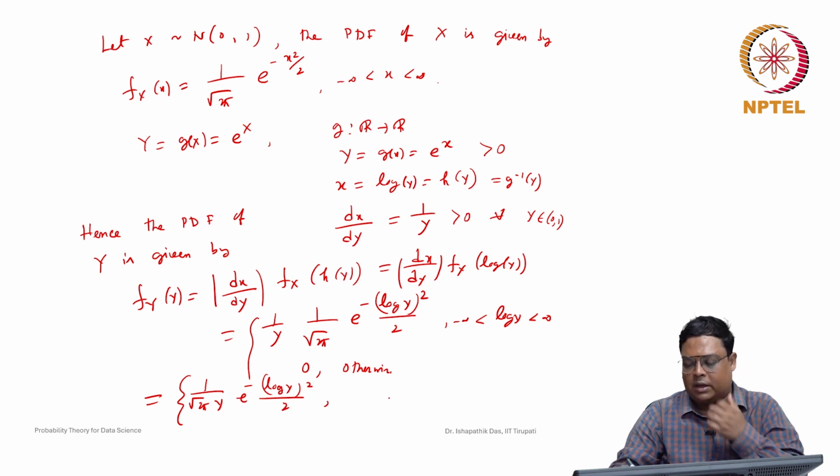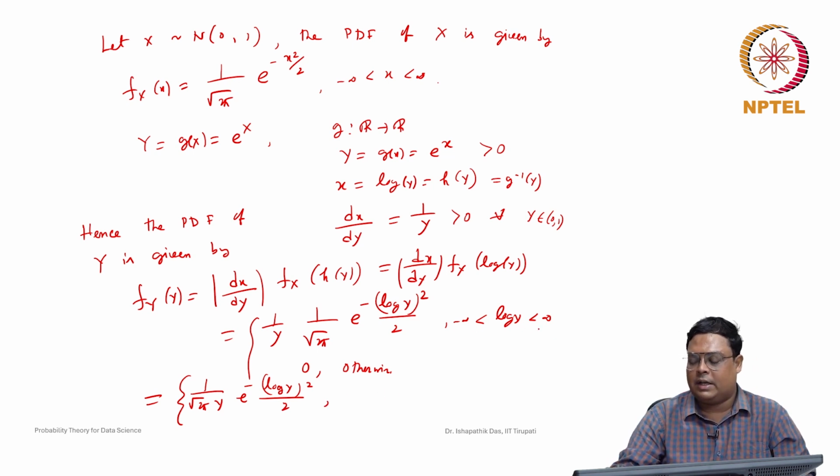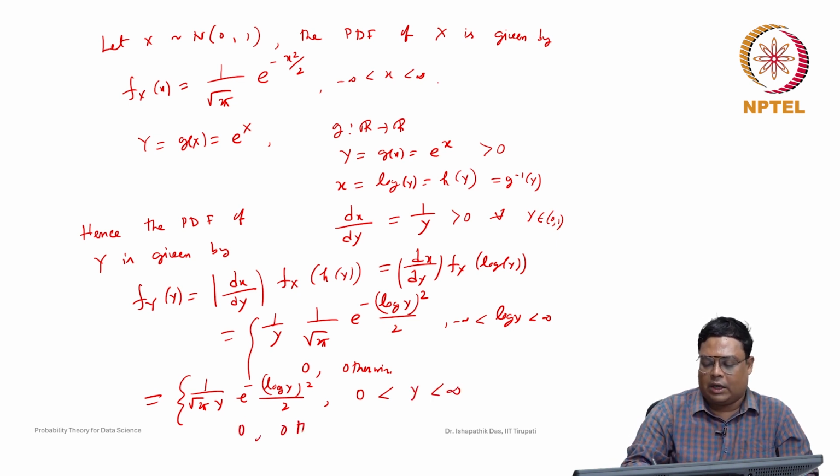If we apply this strictly increasing exponential function, the inequality does not change. The e to the power of minus infinity is 0, so y is between 0 and infinity, and the density is 0 otherwise.